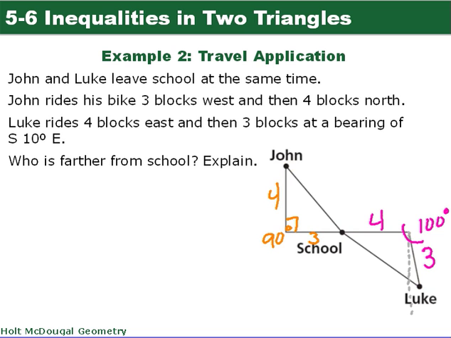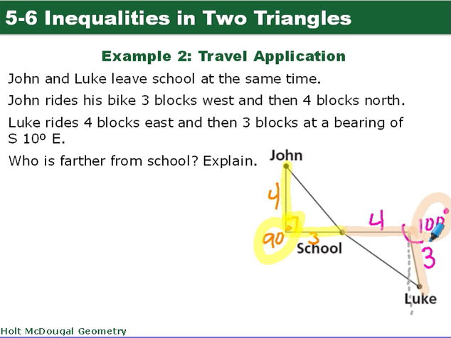Okay, so marking our diagram, we have John going 3 blocks west, and then 4 north, so it creates a right angle, which makes this angle 90 degrees. Then we have Luke. He's heading 4 blocks east, and then he's going 3 blocks south 10 degrees east, which makes this angle here 100 degrees.